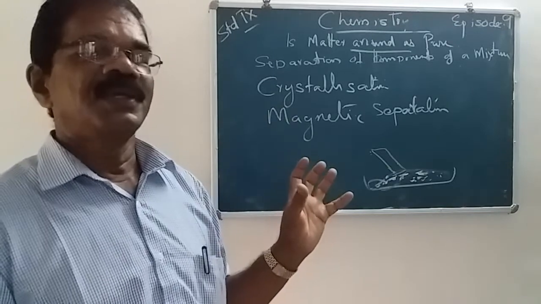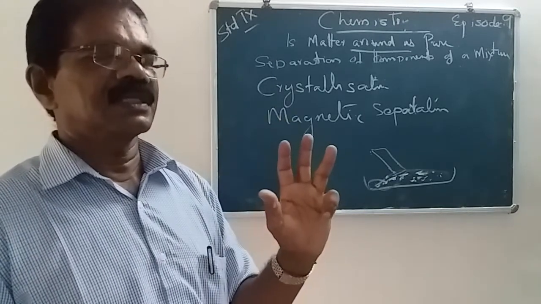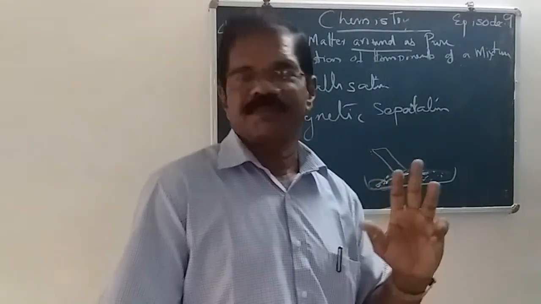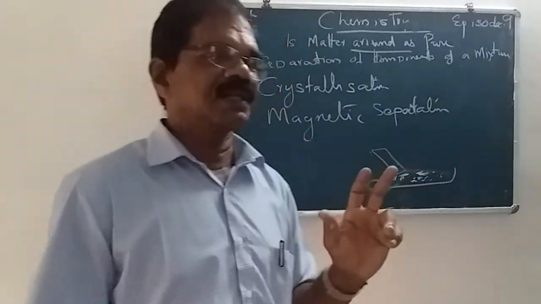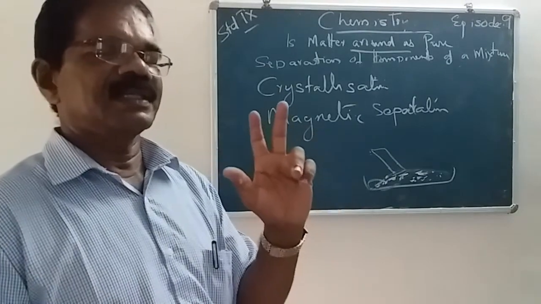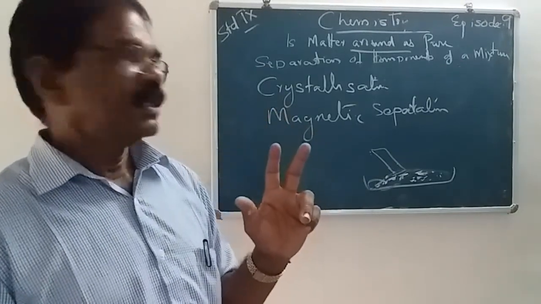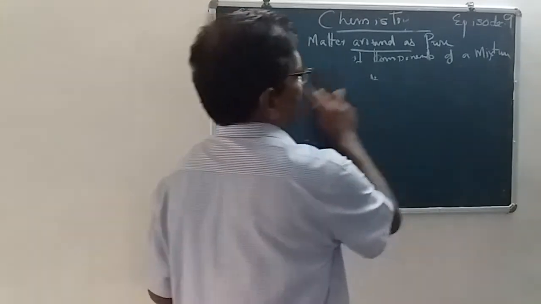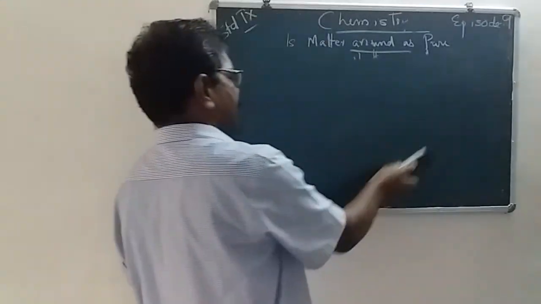You have to understand the name of the process, which property of the substance is used for separating that component, and third, an example of each process. Then we come to another session, the separation of the components of air.